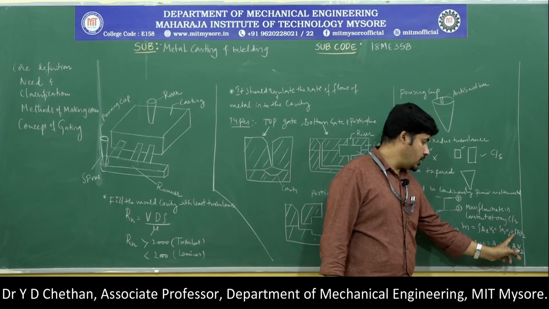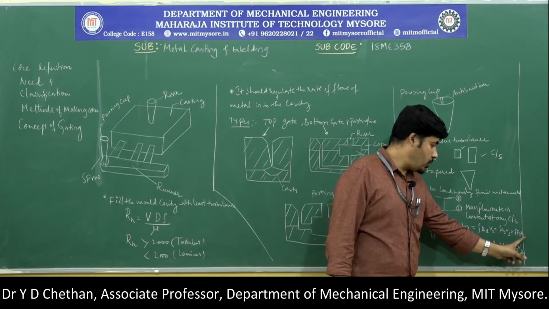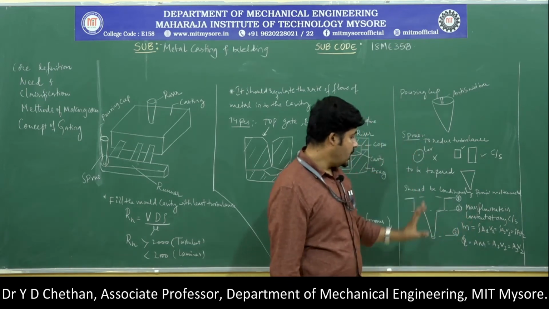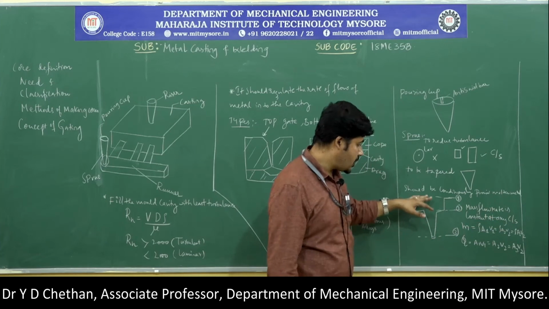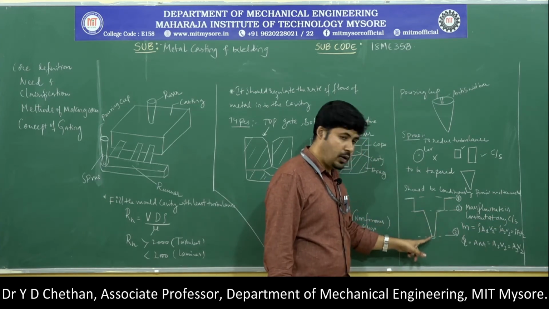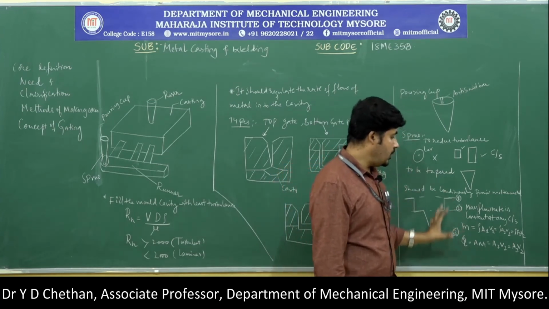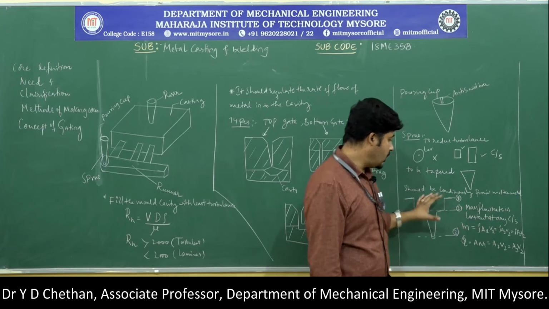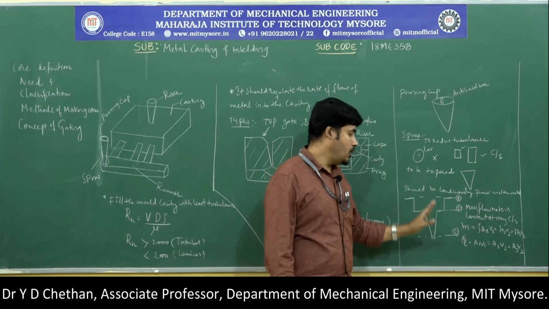Similarly, the density of the material at cross section 3 with the appropriate velocity. So finally, the density of the material remains the same, but the cross section varies. These are cross section 1, 2 and 3 for the sprue. Irrespective of the material and its density, the only changing parameters are the cross section and the velocity.